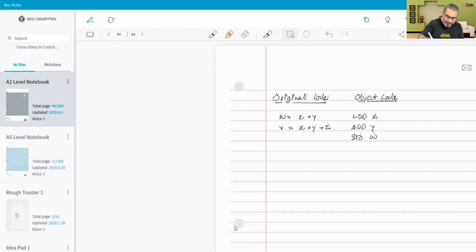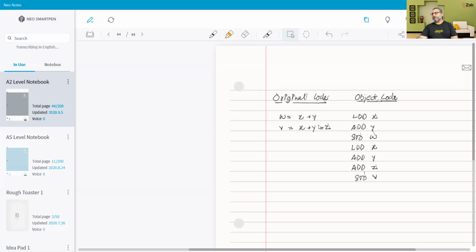Afterwards, for V, load X again, add Y, then add Z, and then store at V. So this is from original code to object code, which happens to be the assembly code.